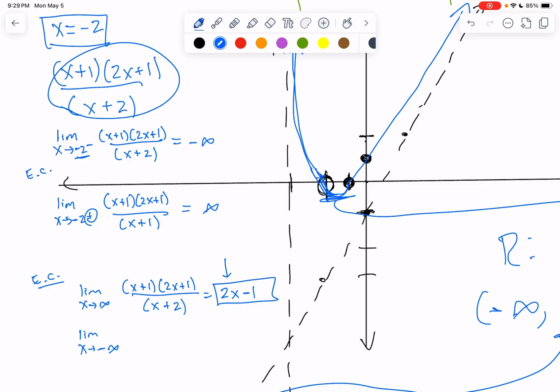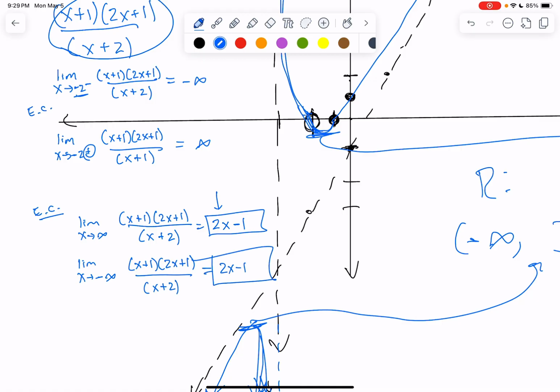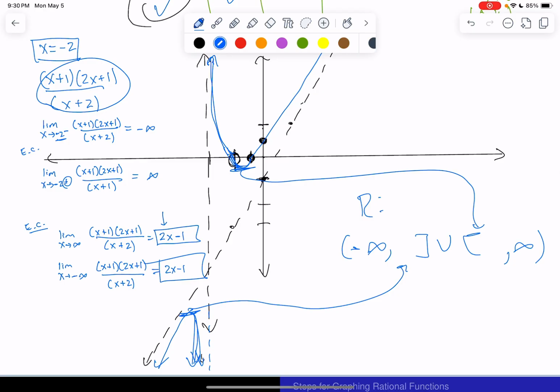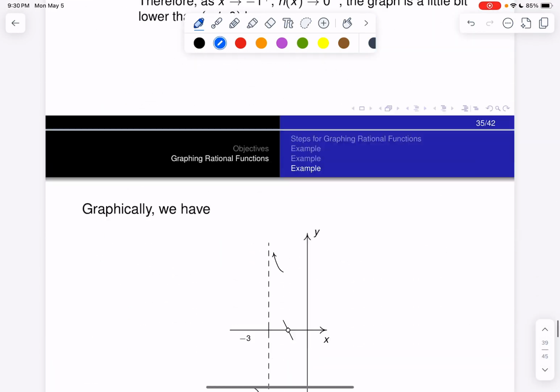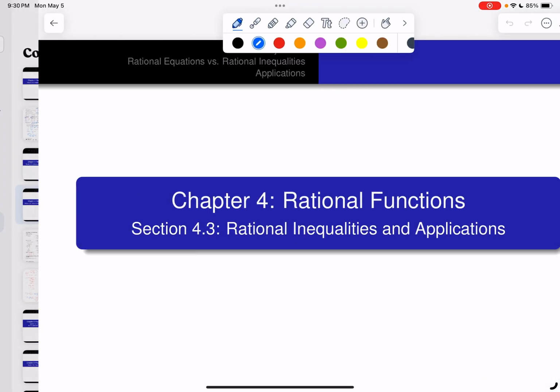Same thing for the left tail. It's going to approach that slant asymptote, 2x minus 1. So anyways, that is 4.2 done. Starting 4.3.